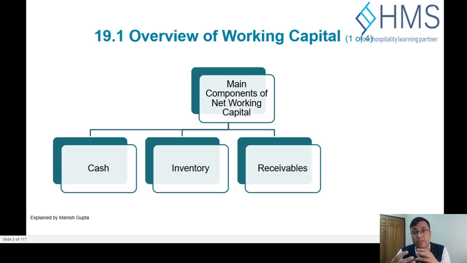Some organizations are very good at managing inventory, so they don't carry a lot of it. They use specific approaches like just-in-time, so that they minimize their investment in inventory without impacting the guest experience, without impacting the customer experience.